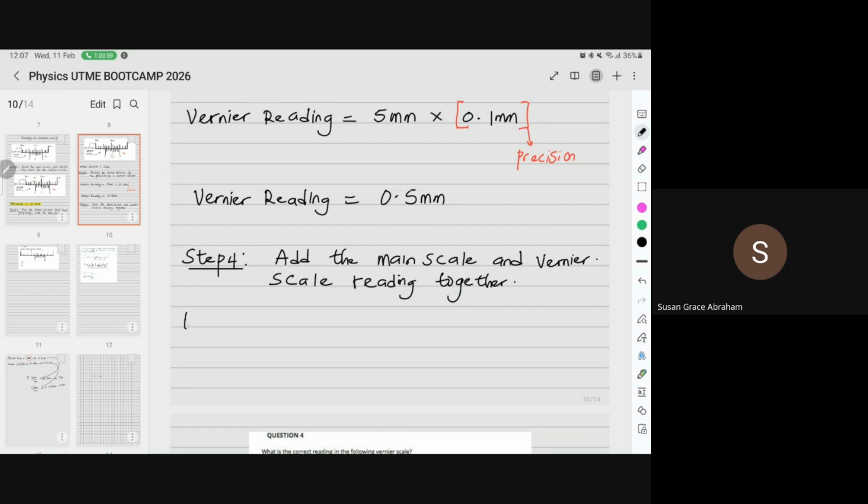So remember that the main scale is equal to 10.6 centimeter, right? Then the vernier reading is equal to 0.5 millimeter. But you cannot add millimeter and centimeter together. Do you understand?